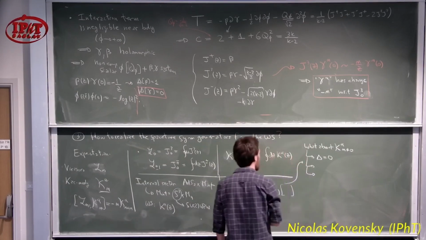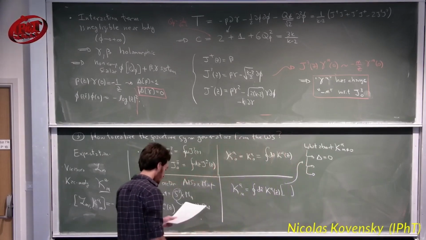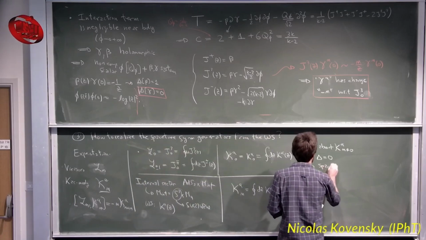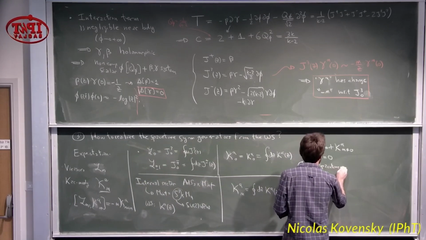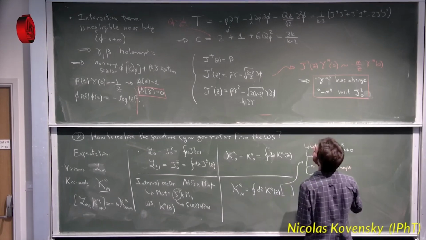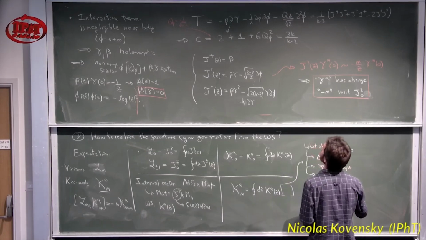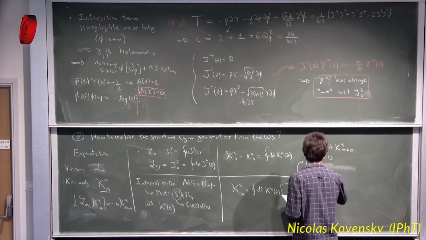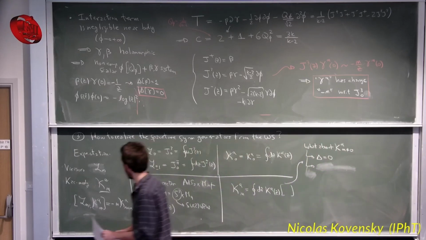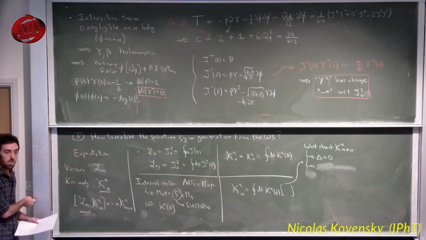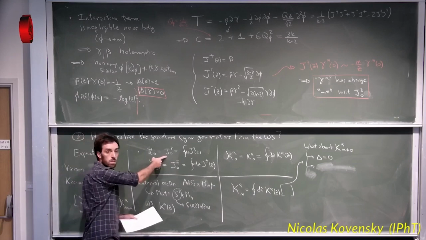Second, it has to have spacetime weight... what do I want to say? The simplest way to say it is that I already know what L_0 is. I know that L_0 is this guy here.